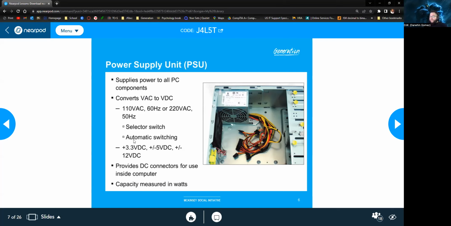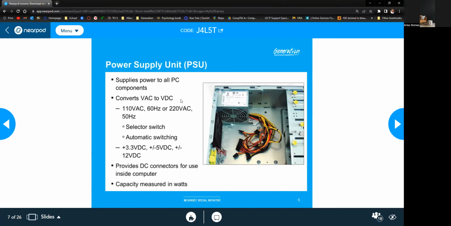These are the amounts of volts that are coming through to those specific components. And so the power supply provides a DC current to these different components in these amounts: the positive or negative 3.3, the positive or negative 5, and then the positive 12.